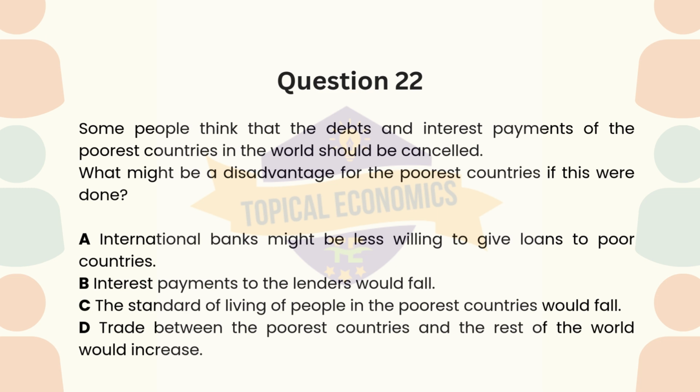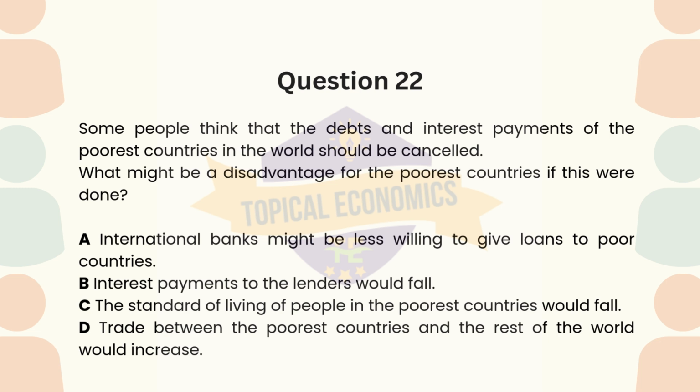Option B, interest payments to lenders would fall. Now this is true but not a disadvantage for the countries. It is a benefit of debt cancellation. So this is incorrect. Option C, the standard of living of people in poorest countries would fall. Now this is unlikely as cancelling debts could free up resources for development, potentially improving living standards.